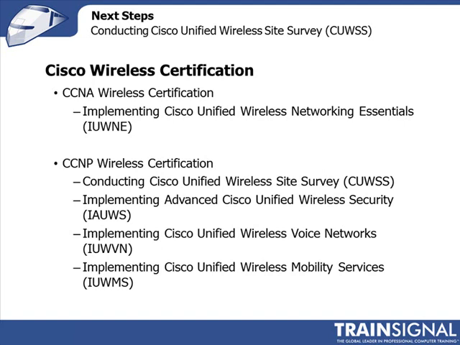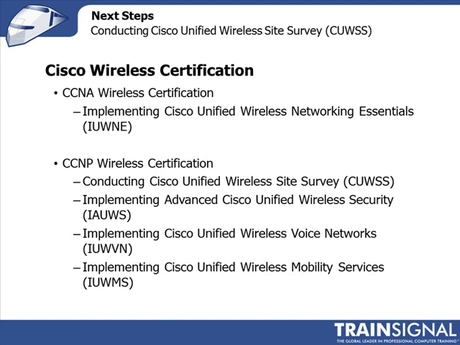Now, the CCNP wireless certification is really focused around the people that are designing and implementing your wireless networks. So it has a greater emphasis on the wireless networking principles and the theory behind it, and then is taking that theory, those technical specifications, and then applying that to actually design and install your wireless network. And you can see here that the CCNP wireless certification has 4 components to it, one of which is the conducting Cisco Unified Wireless Site Survey.